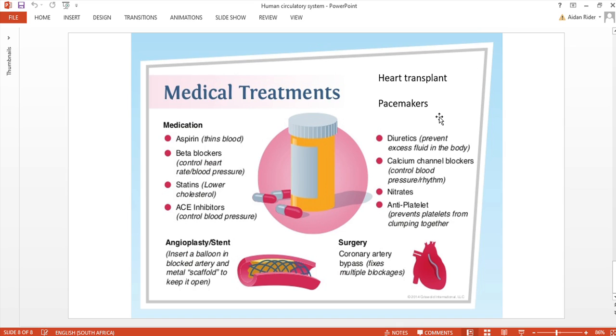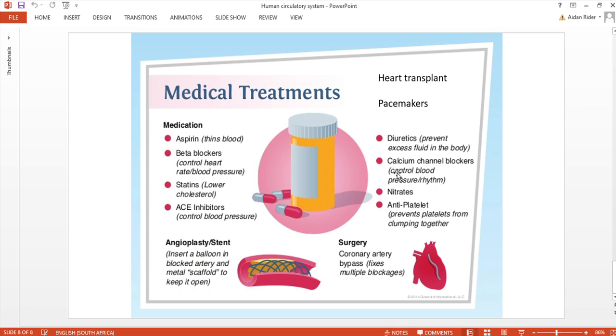And then another option is pacemakers. As I mentioned, within the heart, in the bottom here, there are nerve endings called the Purkinje fibers that regulate your heart rate, that tell the brain, okay, your heart needs to pump quicker, or it is pumping quicker, or it's pumping slower, what the blood pressure is, and so on. But some people have issues with this, and then that doesn't work, so the brain doesn't know what's going on.